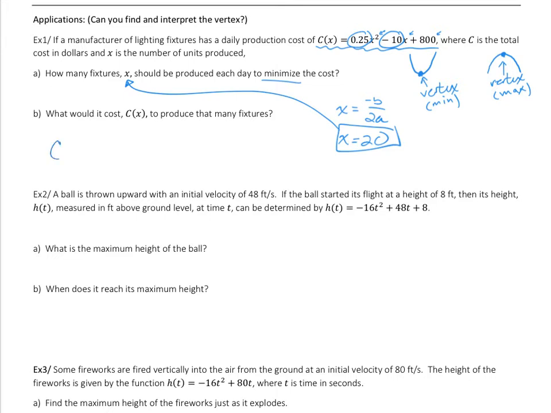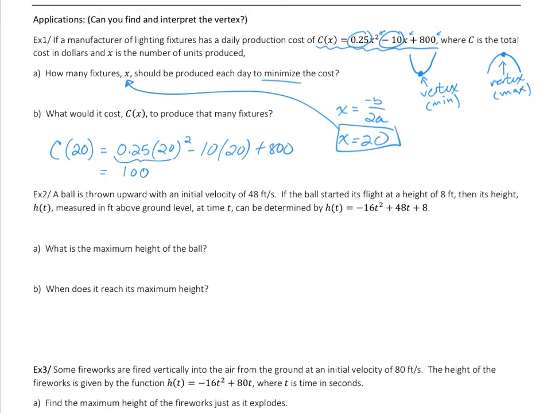So this would look like c of 20, which is 0.25 times 20 squared minus 10 times 20 plus 800. I'll put that 20 in, there we go. So what this ends up being is 100.